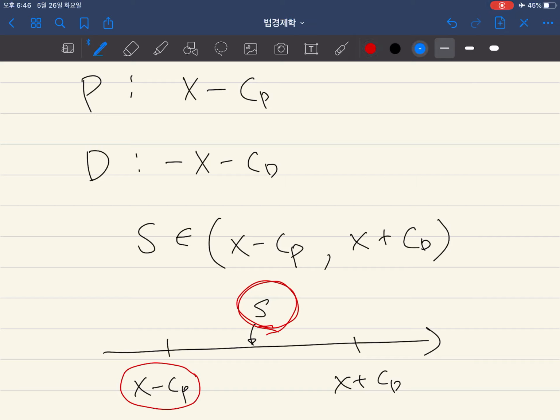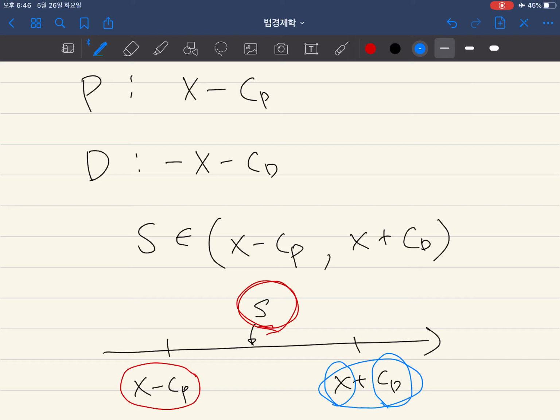What about defendant? If defendant goes to trial, he has to pay this much money. This is his total cost at trial: defendant has to pay X dollars to plaintiff, and defendant has to pay litigation cost.